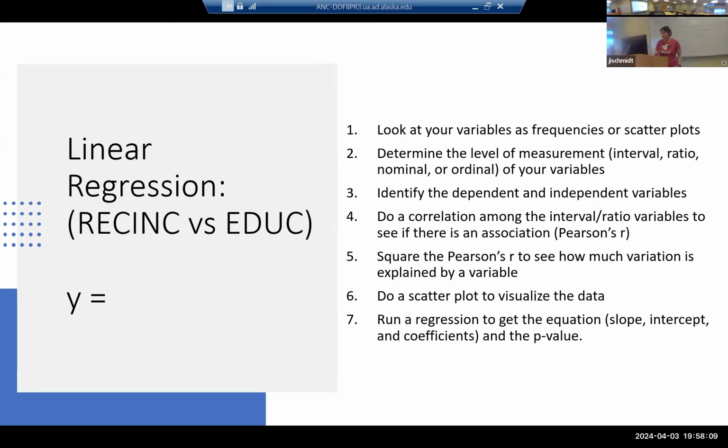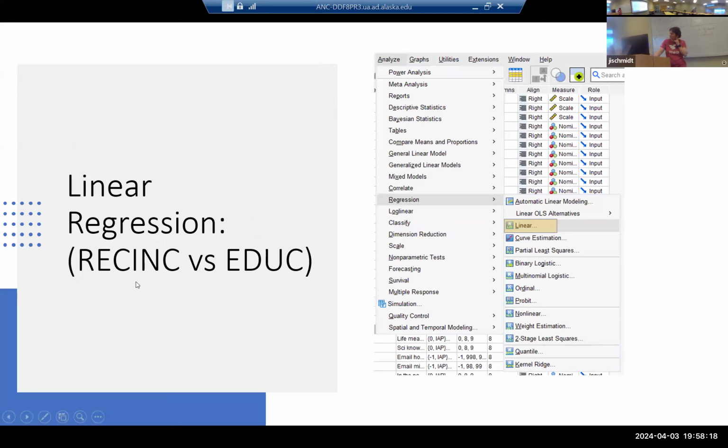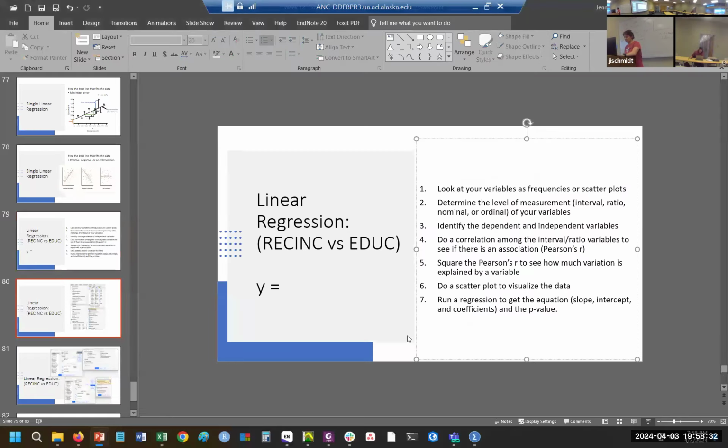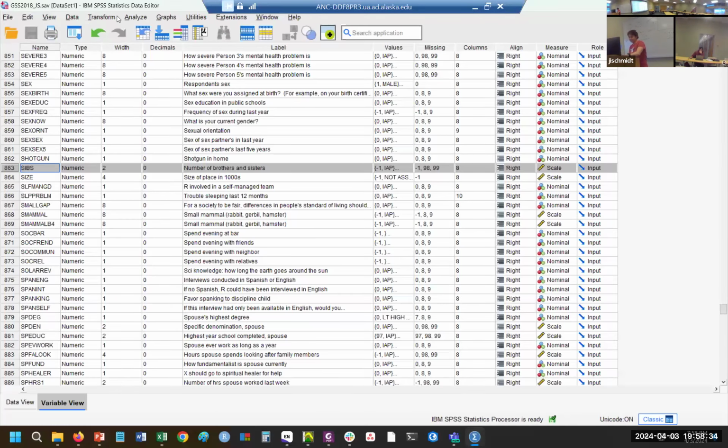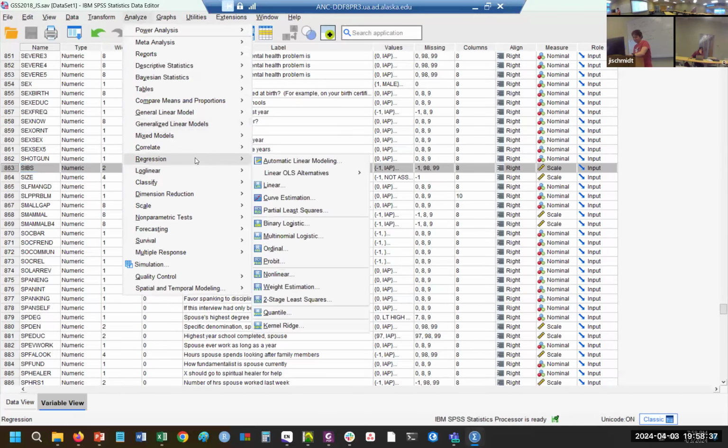So let's run through a regression analysis in the program here. Let's do, again, this education and reclassified income. To do a linear regression, you go up to Analyze, Regression, and go down to Linear. Analyze, Regression, Linear.